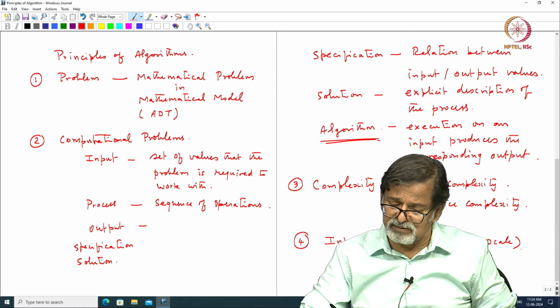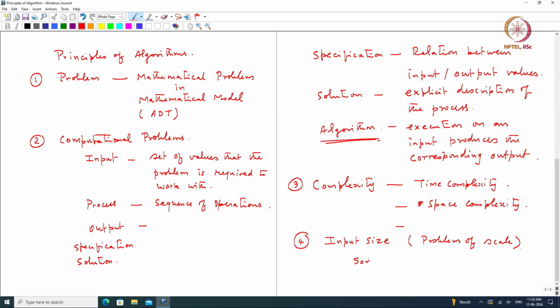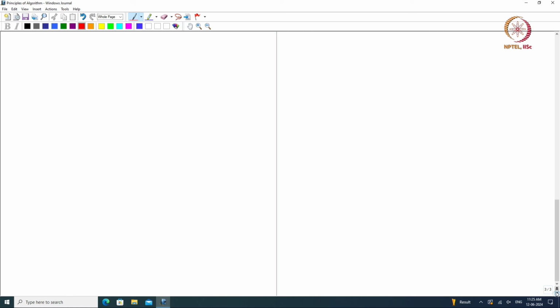If you set n as a parameter which stands for the number of items to be sorted, n is the number of items to be sorted.